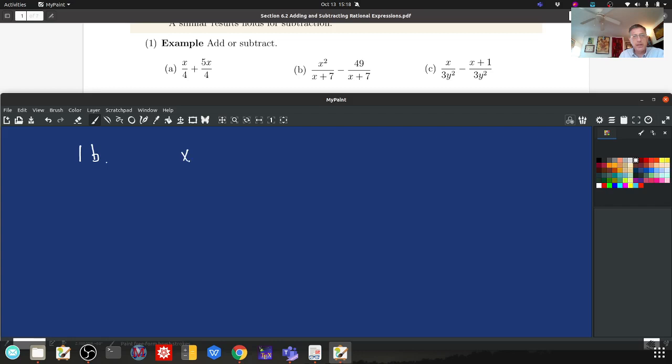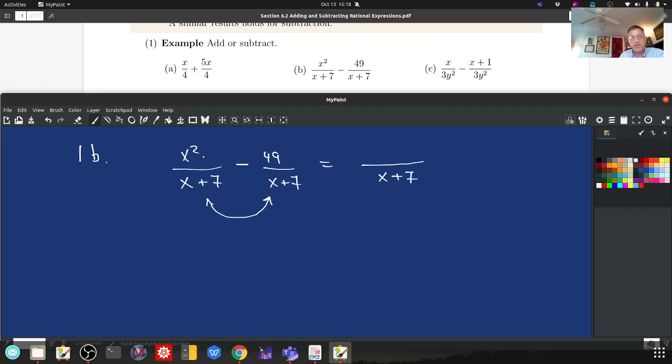So here, x squared over x plus 7, and I'm going to subtract from that fraction 49 over x plus 7. So we have common denominators. Our denominators in this case are not integers, but rather polynomials. That's okay, it's the same polynomial.